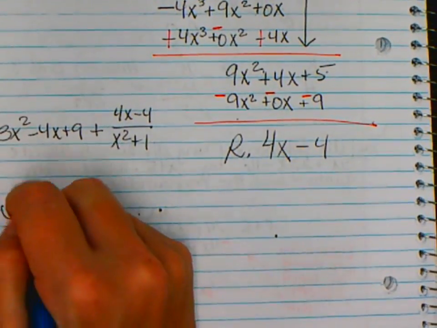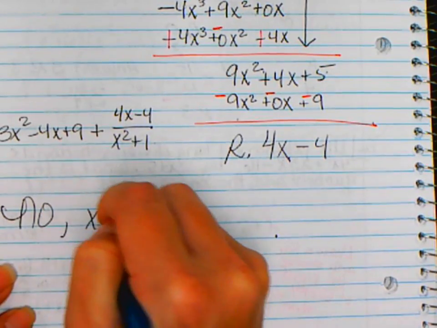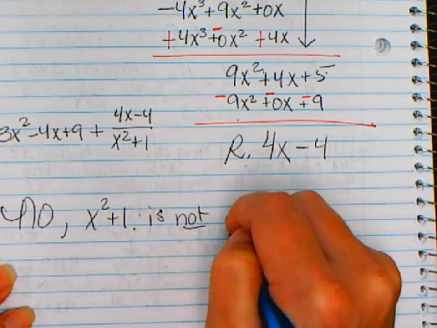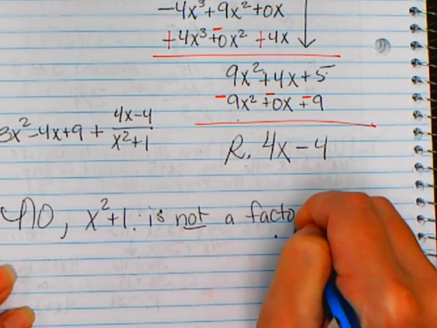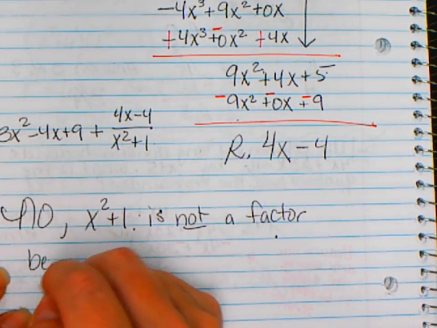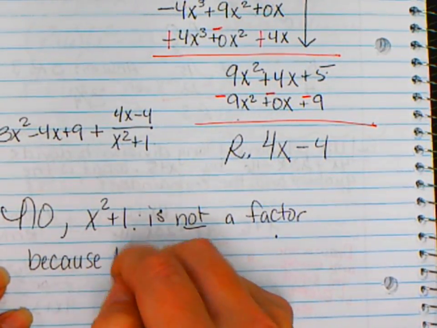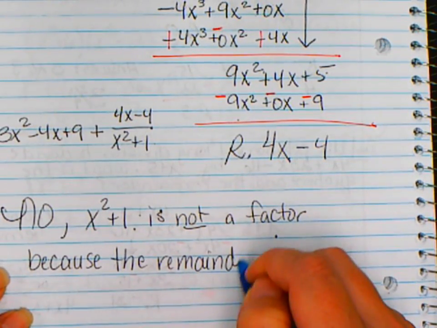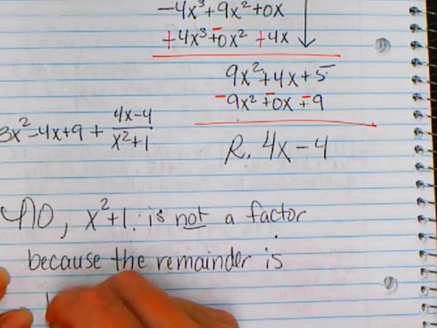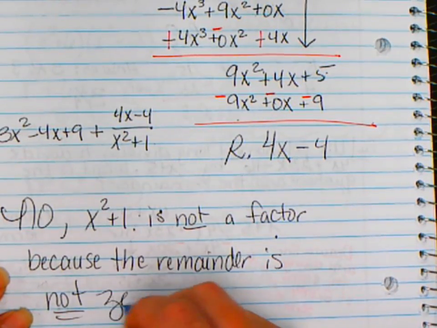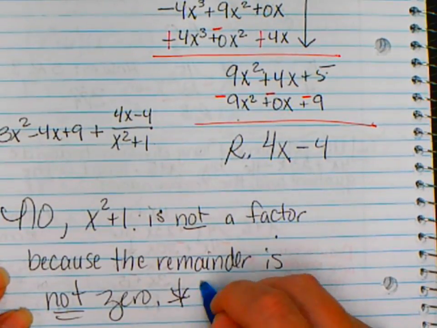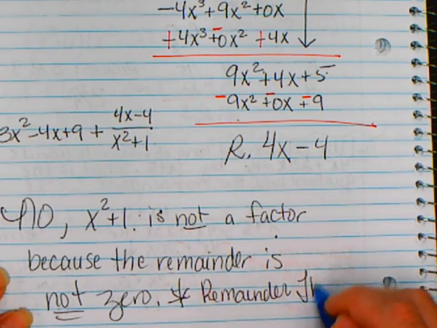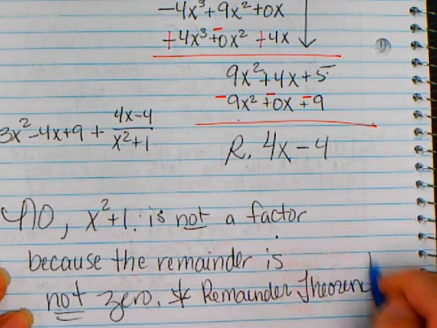So to answer my question, I'm going to say no, x squared plus 1 is not a factor because the remainder is not 0. I'm going to put a little star, remainder theorem. And that's division.